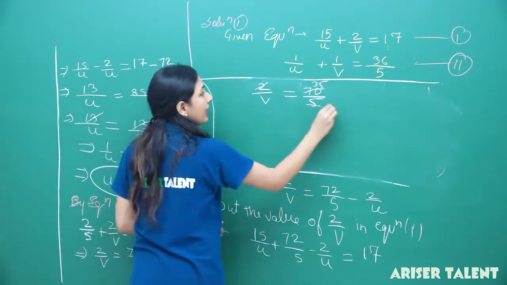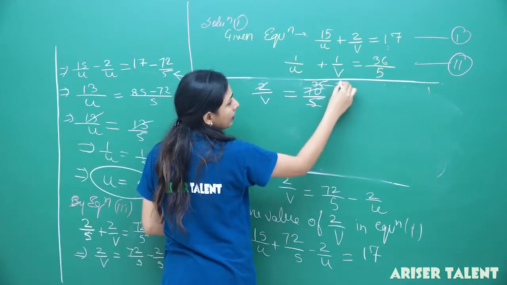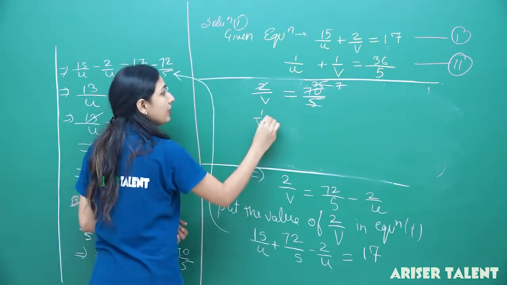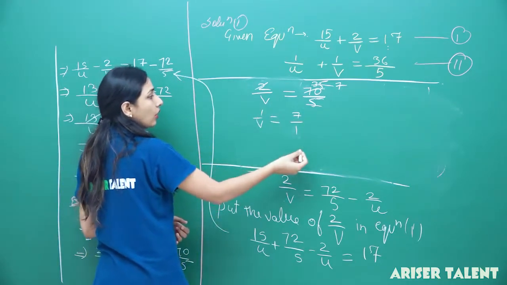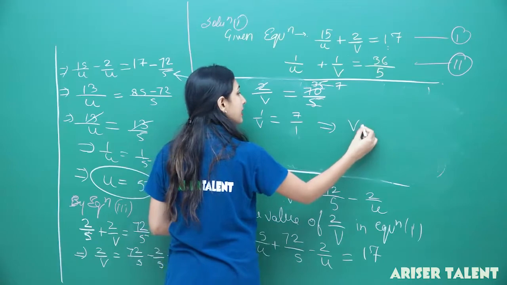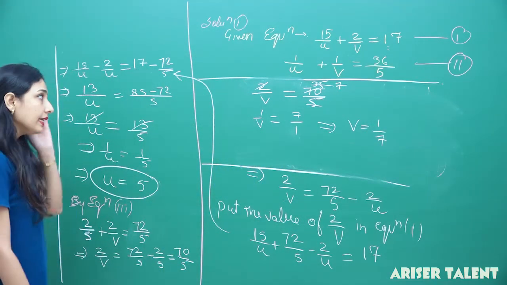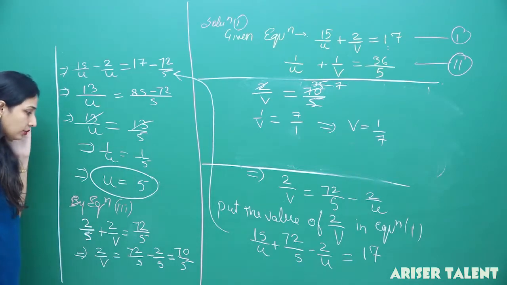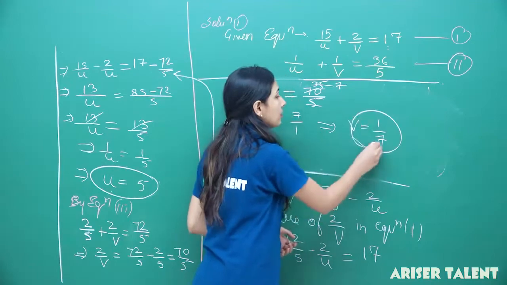Right, and this 5 will cut this 7 times. So, 1 by V equals to 7 by 1. So, now by cross multiplication, you will be finding that the value of V is equals to 1 by 7, isn't it? Right, students? So, the value of V equals to 1 by 7.